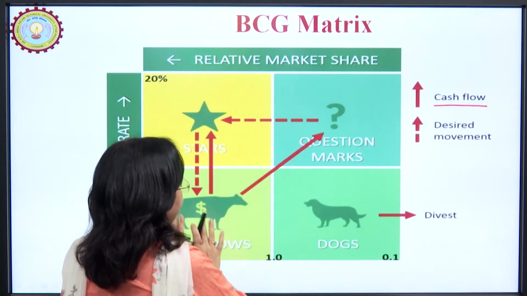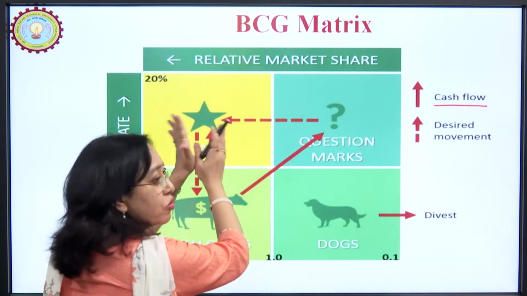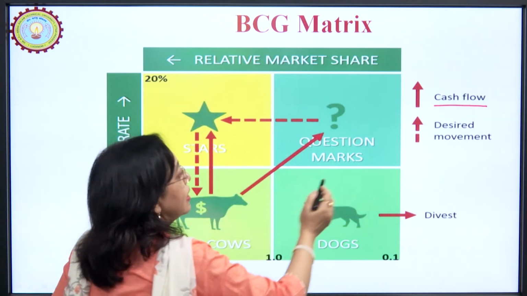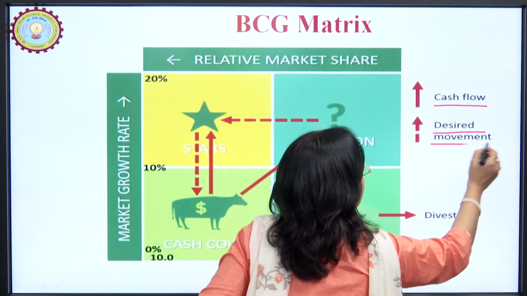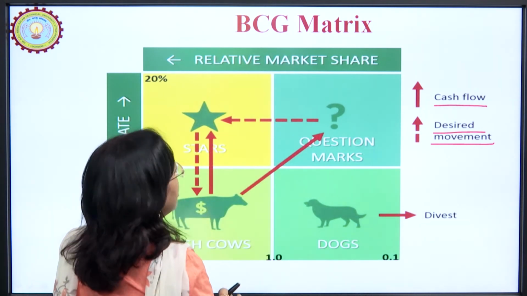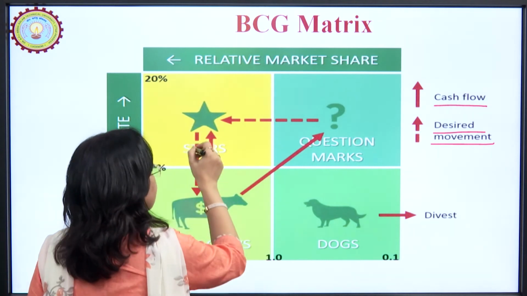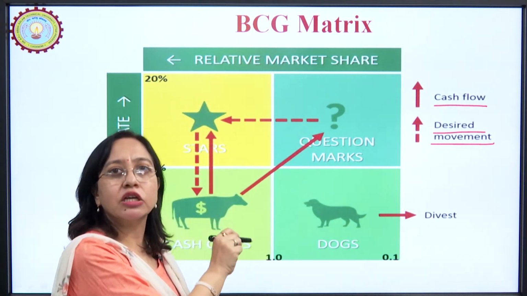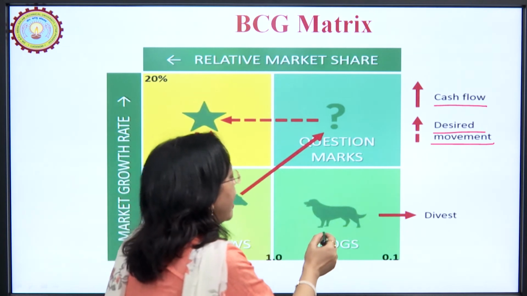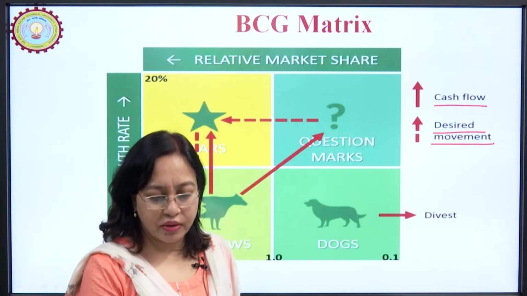From cash cows it is moving to question marks; money is being pumped to stars also, right. And the broken, dotted arrows show the desired movement, that a business which is a star should become a cash cow in the near future, and dogs need to be moved out of the business.